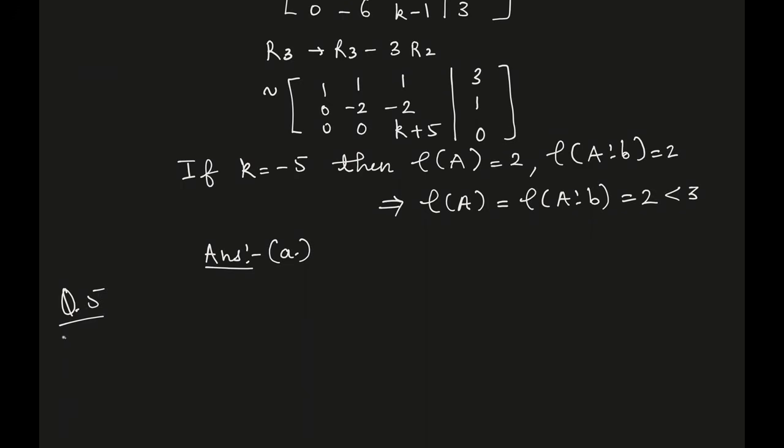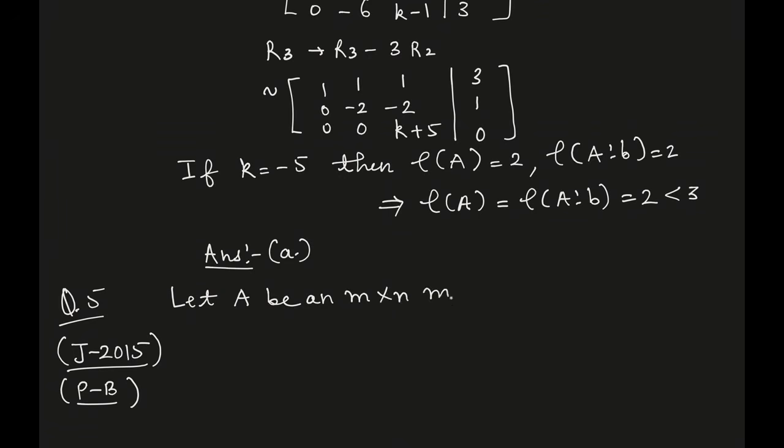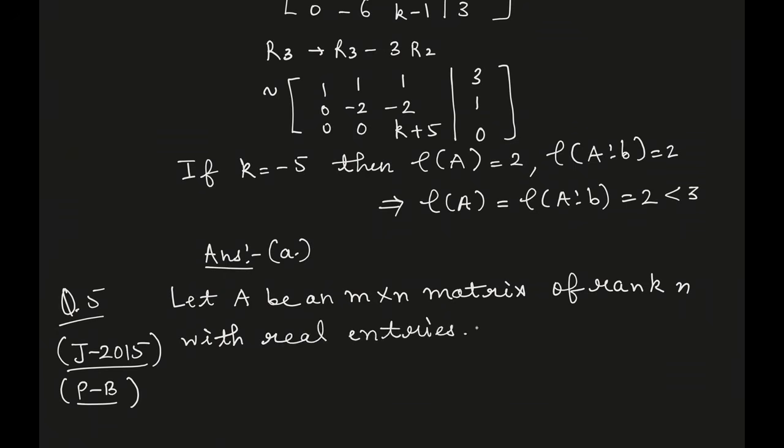Now this question is from June 2015 exam, part B question. Let A be an m cross n matrix of rank n with real entries, then choose the correct statement.